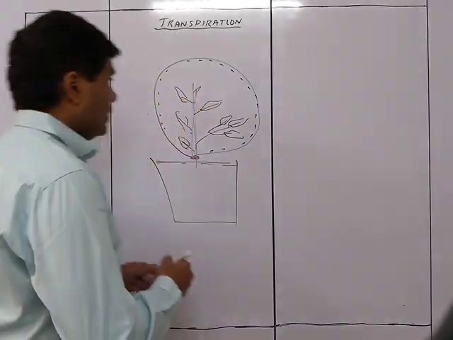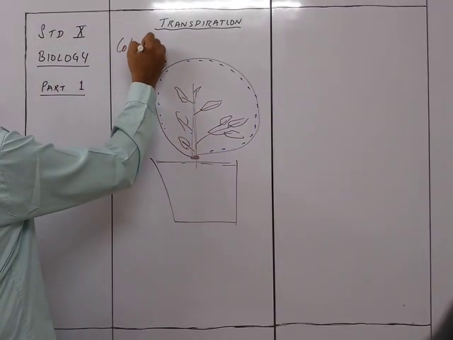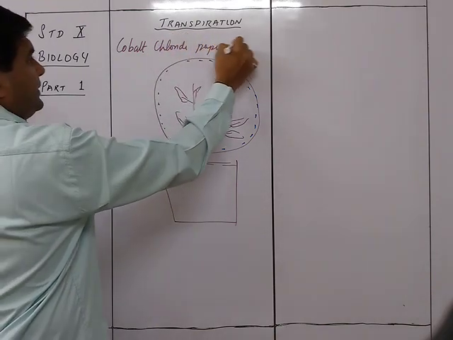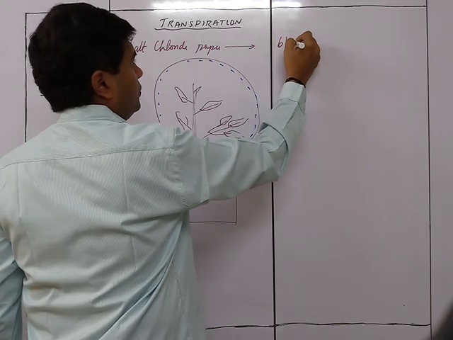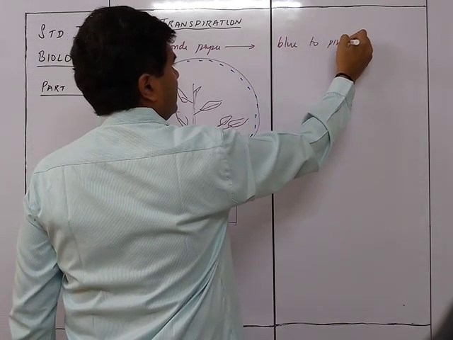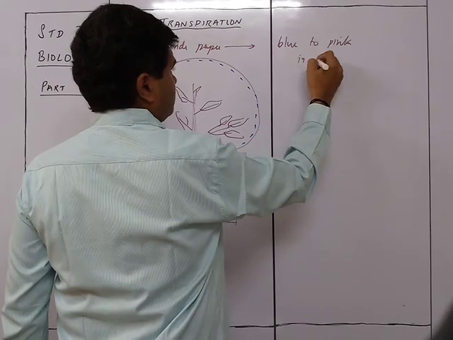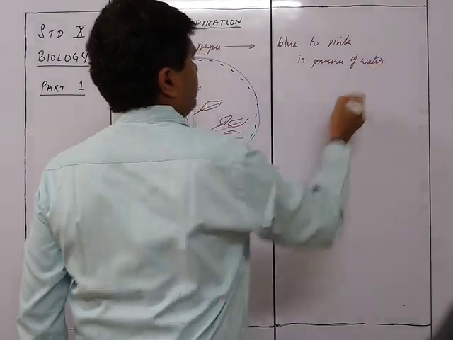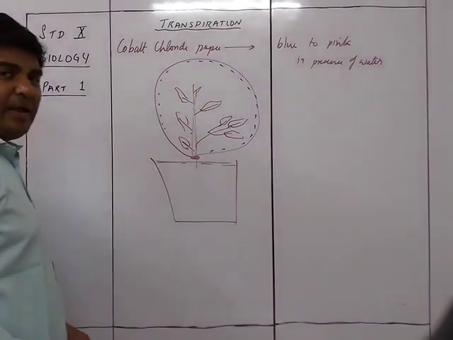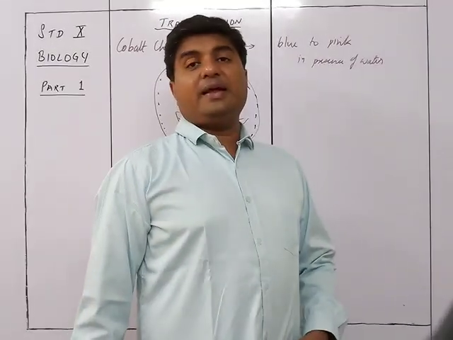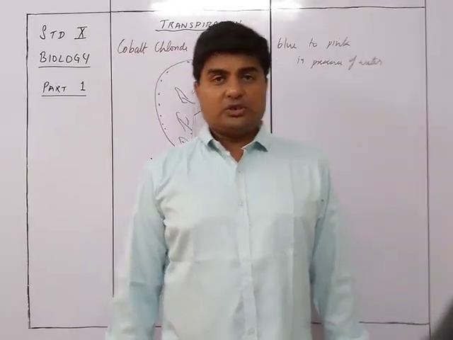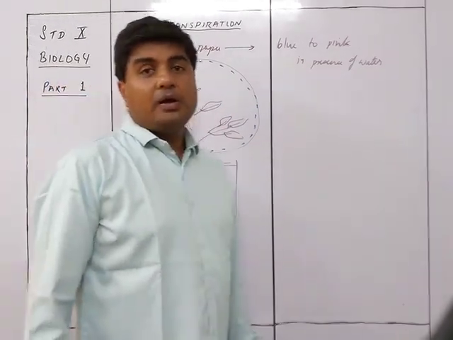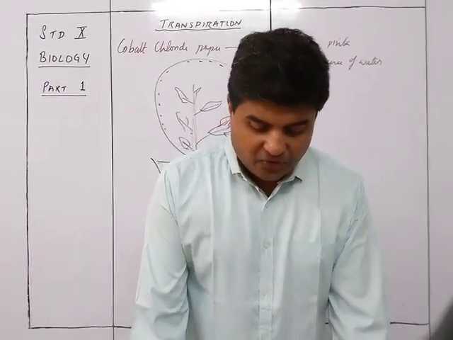So we've seen that cobalt chloride paper turns from blue to pink in presence of water. So the cobalt chloride paper turning pink from blue is the test to identify that the droplets of the liquid seen inside this is water. So that is how we are confirming this thing.